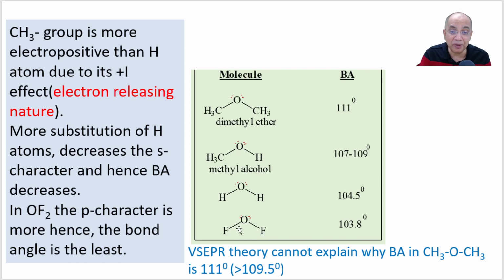So more is the p character or less is the s character, the repulsion is less. Hence the bond angle is also less. So that explains why OF2 has the minimum bond angle, much lower than the tetrahedral angle, and dimethyl ether has a greater bond angle than tetrahedral. Only this VSEPR theory cannot explain. Only Bent's rule can explain.